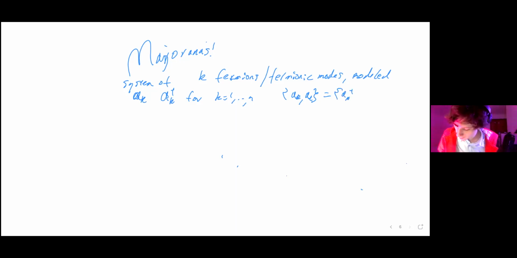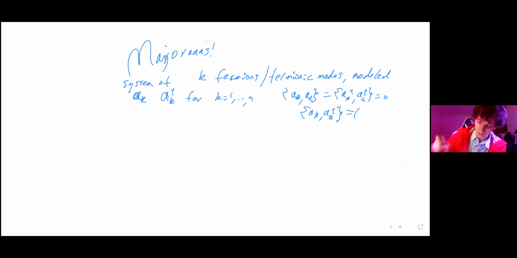At different sites. And also, if you pick two of the same one, the anticommutator is 1 times the identity, which, yeah, I won't talk about it, because being just 1 times the identity feels a little unnatural to me, but it's fine because we can come up with a basis which doesn't have that inefficiency.